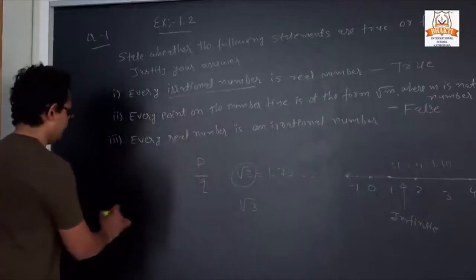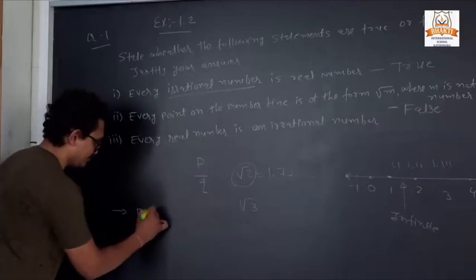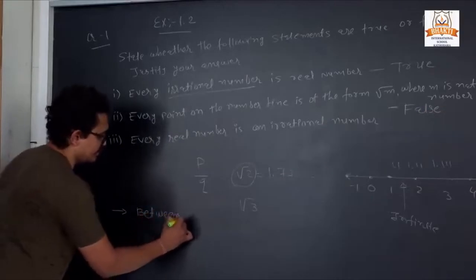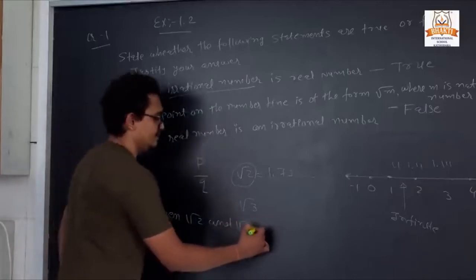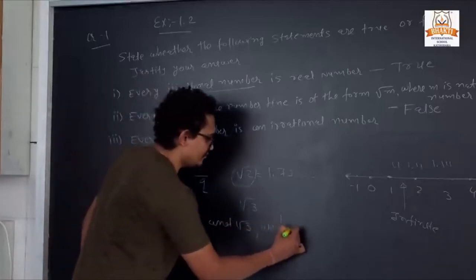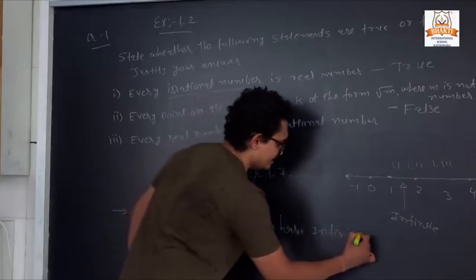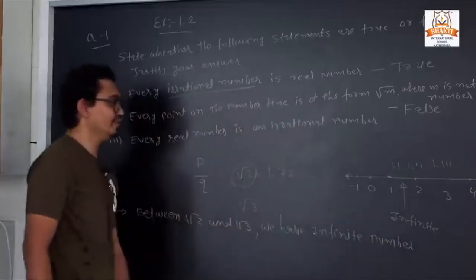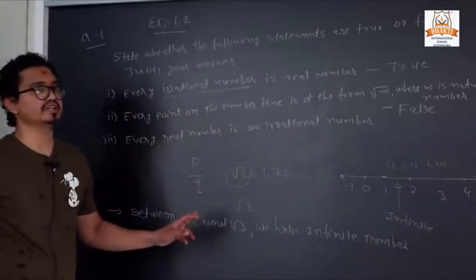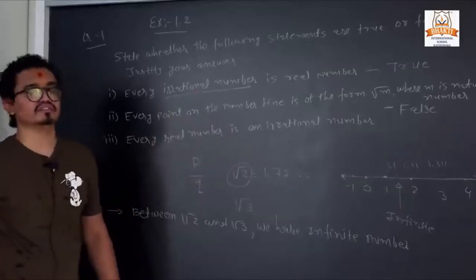We can justify it: between root 2 and root 3 we have infinite numbers, so we cannot represent all the numbers between root 2 and root 3 on a number line. So that statement is false.